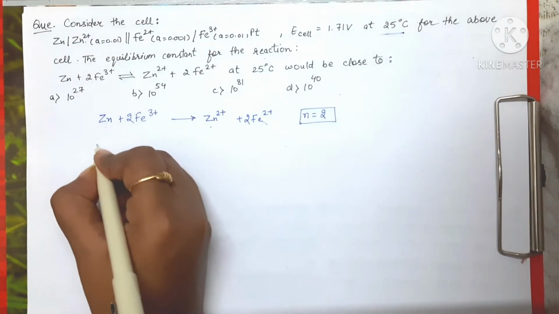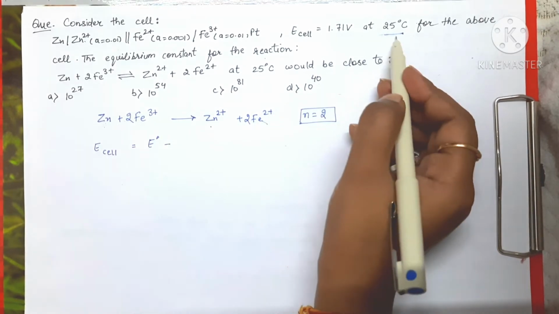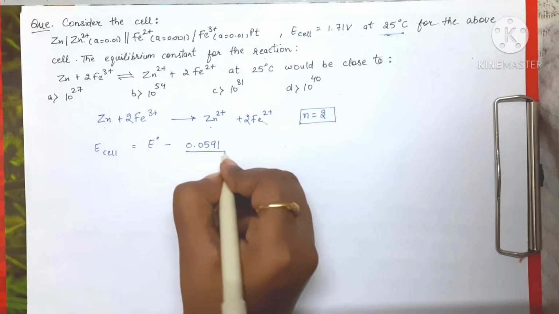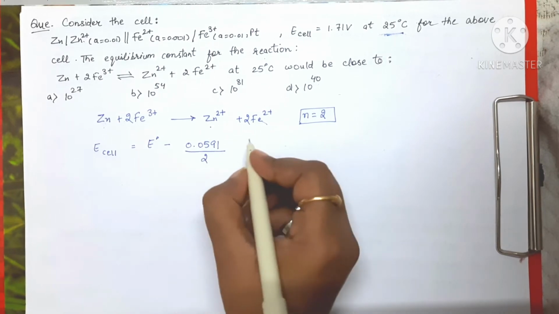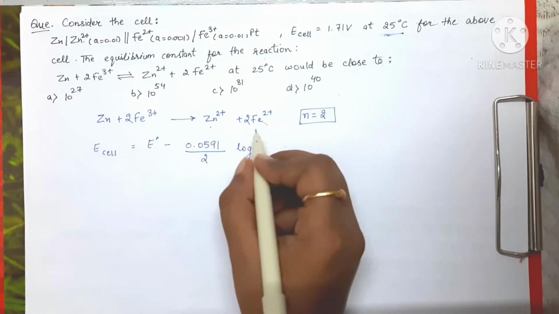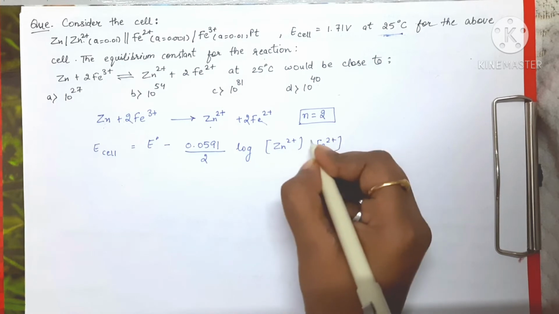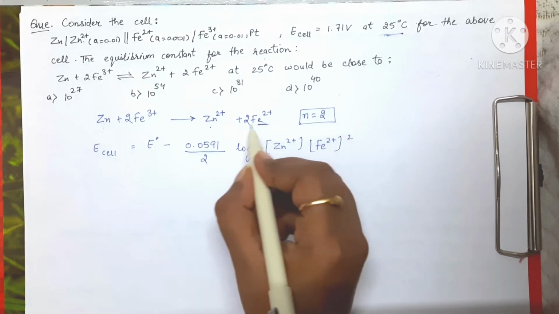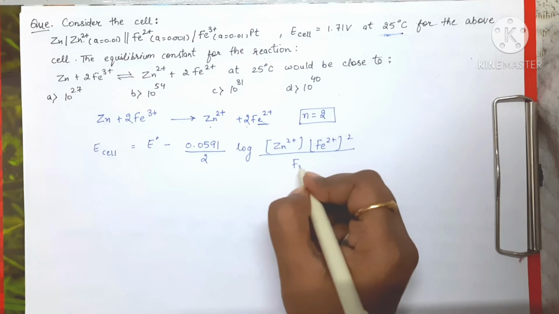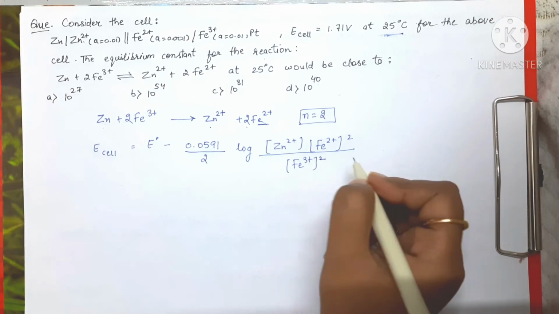Now we know one formula. EMF of cell is equal to E naught minus, because they have given the temperature 25 degrees Celsius, so we'll use 0.0591 upon n, n is 2, log of the concentration of products raised to the power of their stoichiometric coefficient, that is Zn2+ into Fe2+ raised to the power 2, because the stoichiometric coefficient of Fe2+ is 2, divided by the concentration of reactant Fe3+ raised to the power of its stoichiometric coefficient, that is 2.